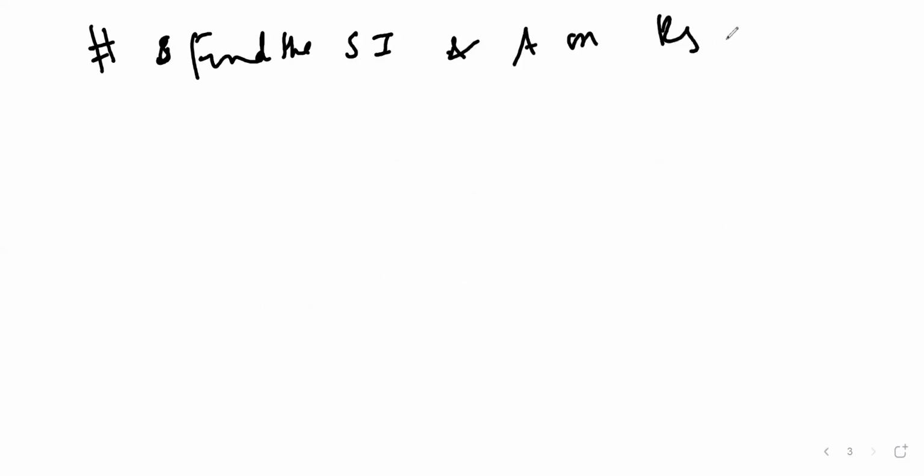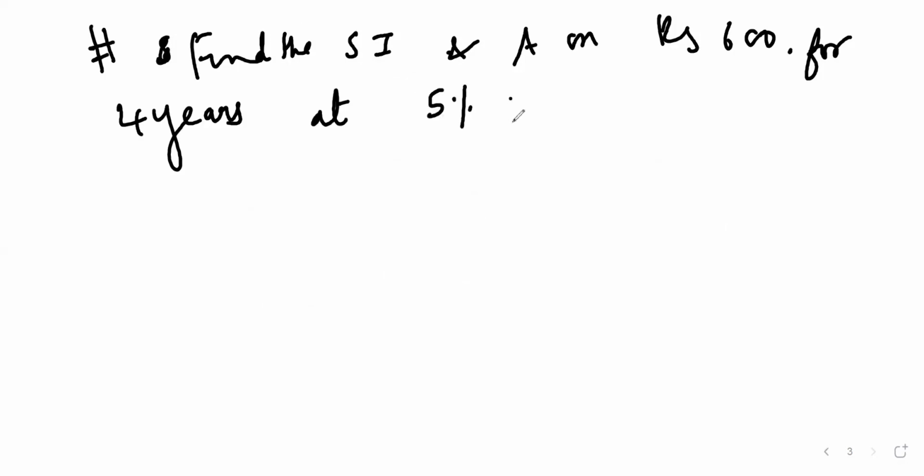So you can have straightforward sums like: find the simple interest and amount on rupees 600 for 4 years at 5% per annum.